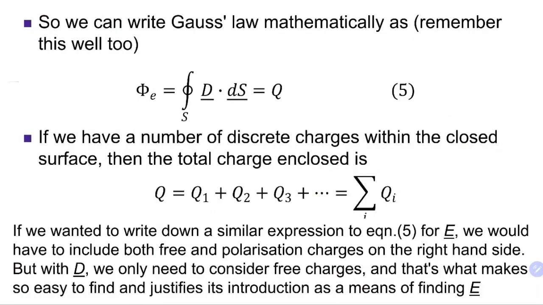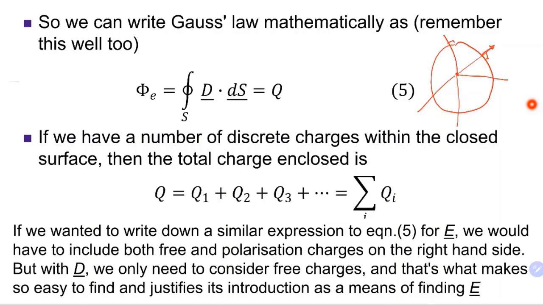And to put it into an equation, this is my Gauss' law: the closed surface integral of D dot dS equals Q. For a simple structure, like just now, if I have a point charge and a sphere, then the direction of my electric flux density is always perpendicular to the surface of the sphere.